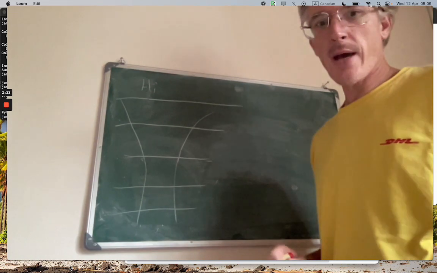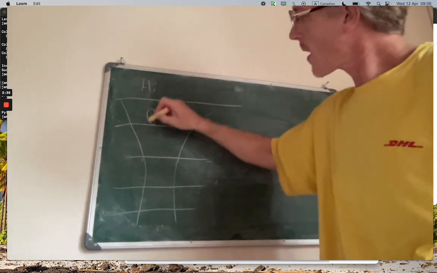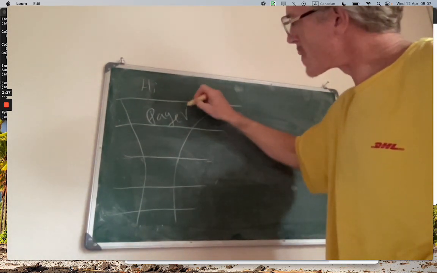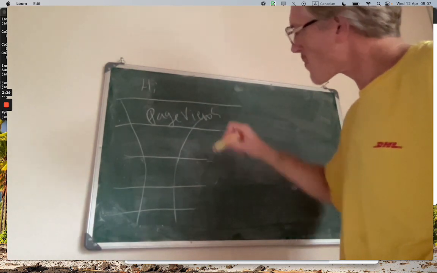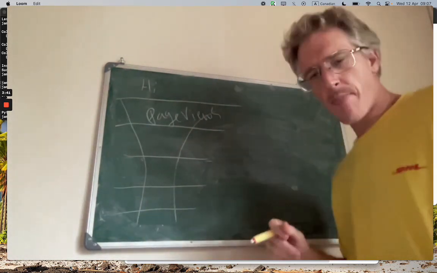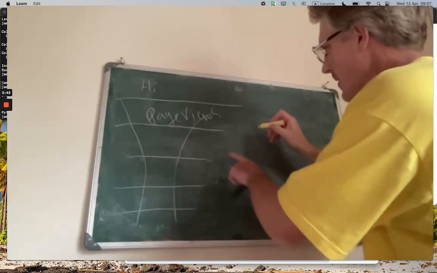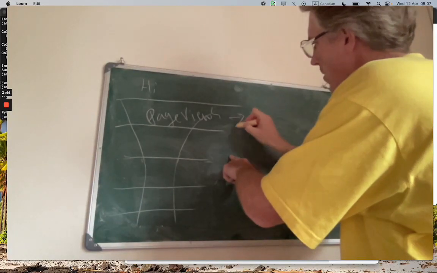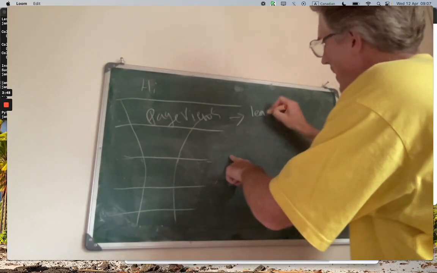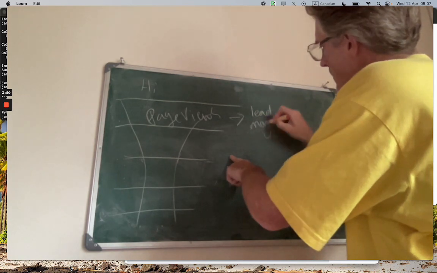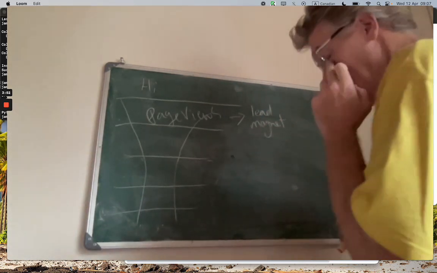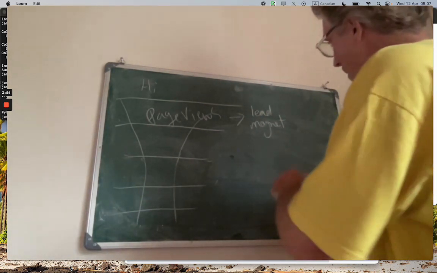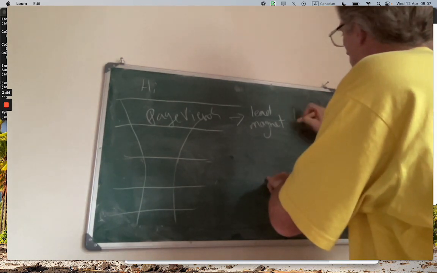So let's say that we have page views, and the page that I'm talking about is this thing that I'm building right now. So this is the lead magnet, or what's known as a landing page.